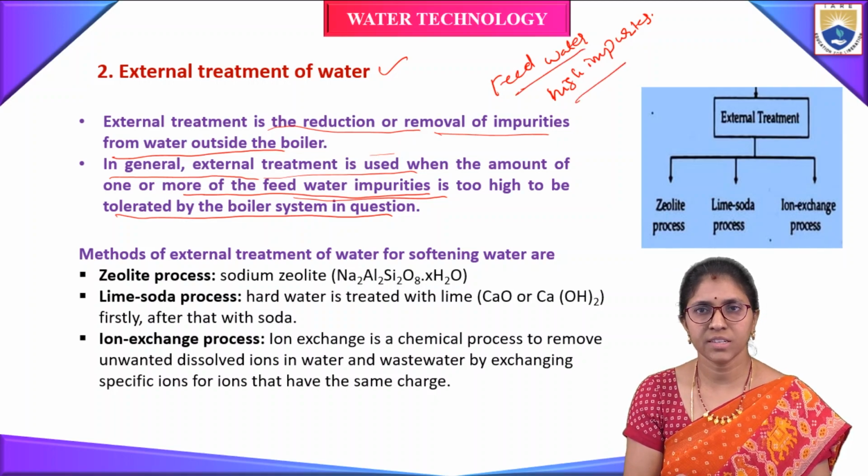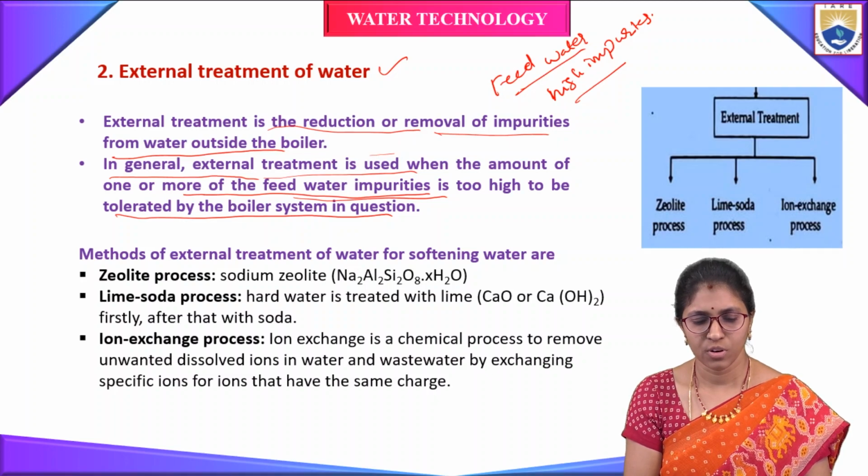The internal treatment is used for low pressure boilers. External treatment of water is used for water which has more impurities, so we have to remove the impurities before feeding to the boilers. This is called external treatment of water.